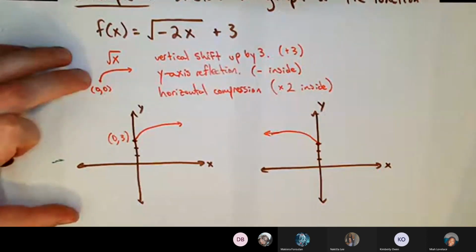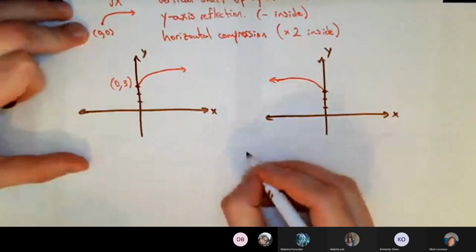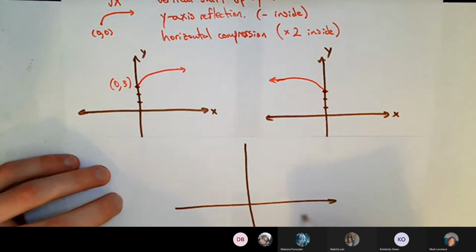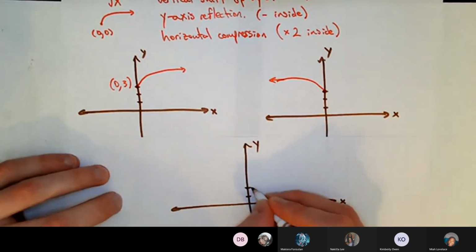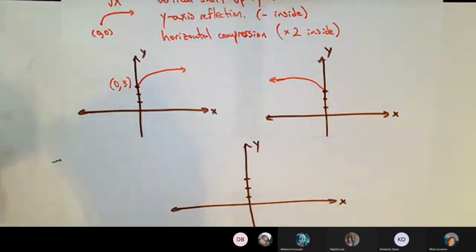And then finally, I'm going to do a horizontal compression. Oops, that's kind of ugly. All right, there we go. So it's still up here at 1, 2, 3. It's still pointing to the left because of that y-axis reflection. And now I need to compress it horizontally.